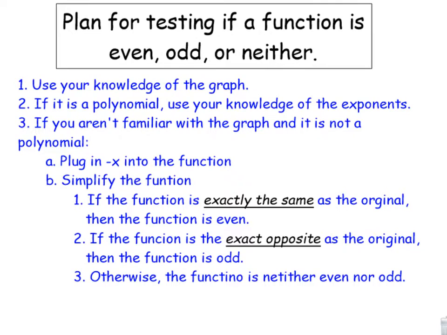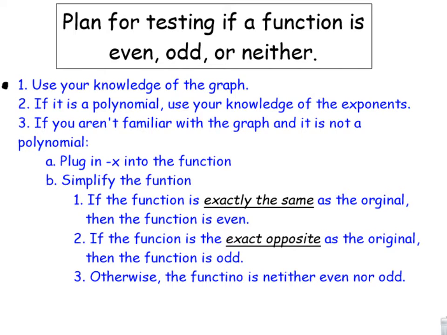Here's how we're going to use that. First of all, if you want to test if a function is even or odd, and you know what the function looks like, if it's a familiar one, you can tell by just thinking about the graph of it. If it has symmetry about the y-axis, then it's even. If it has rotational symmetry about the origin, then it's odd.